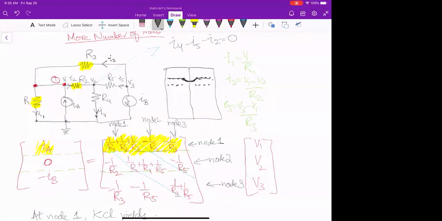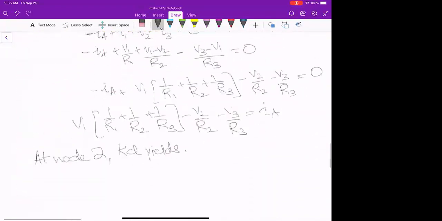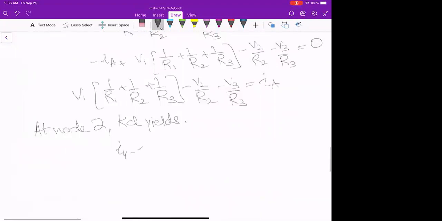So let me write this for node 2: I4 minus I5 minus I2 is equal to 0.